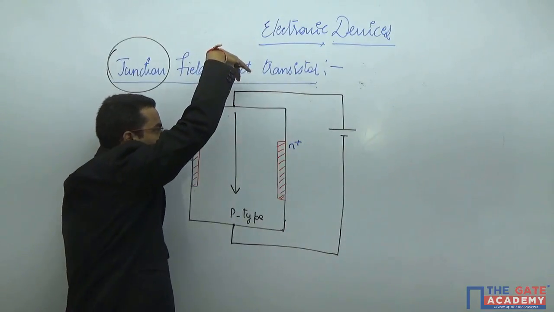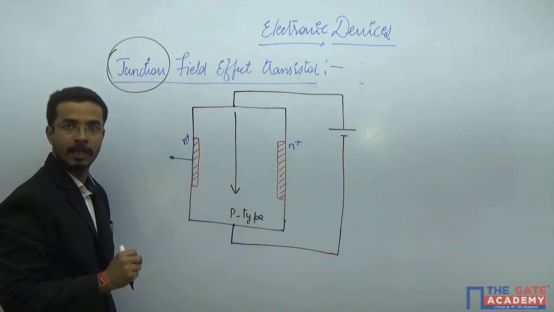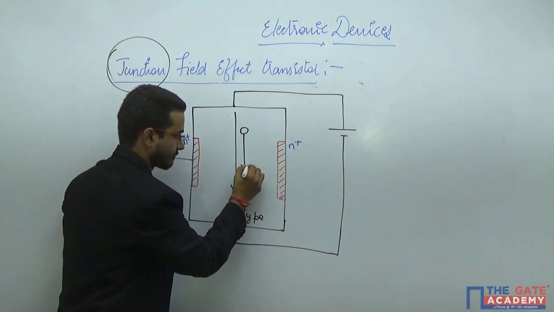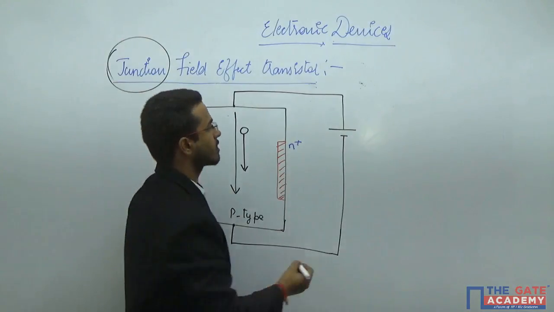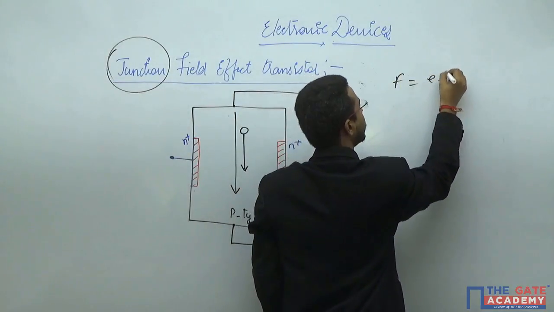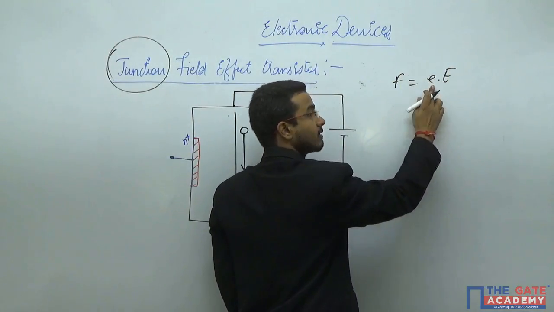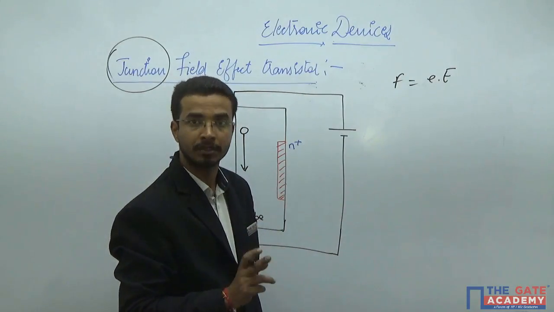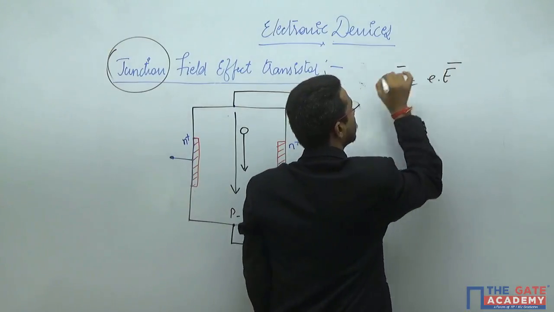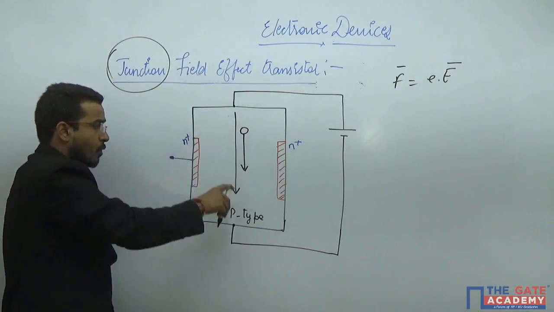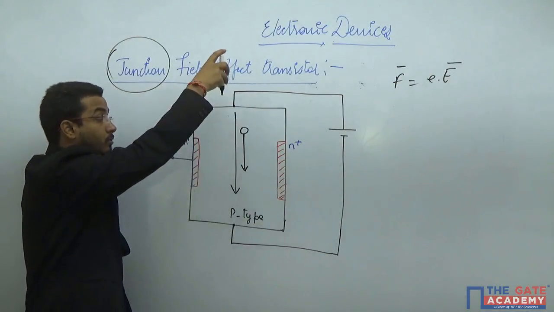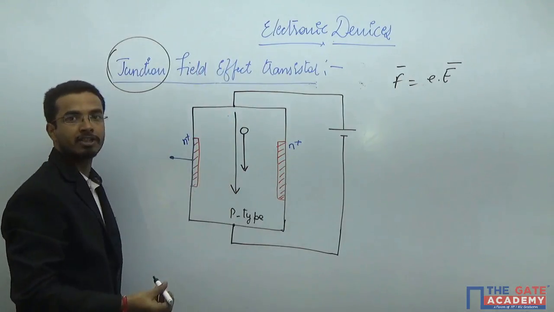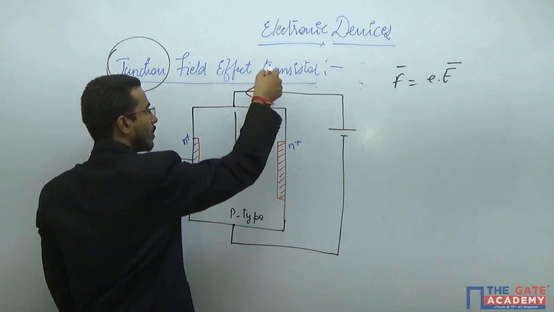And if the electric field is going like this, the hole will get the force in the same direction, because F is equal to qE, where q is the charge on the hole. And you know the charge on the hole is positive, and the electric field direction is downward. That is why the force on the hole is also downward, and if the hole is moving in the downward direction, you will get the current also in the downward direction.